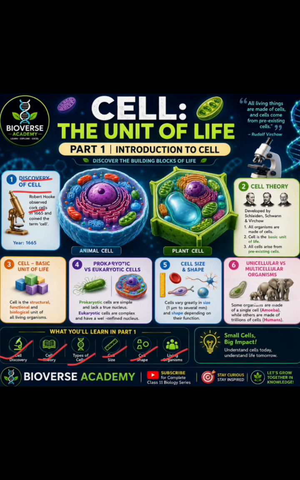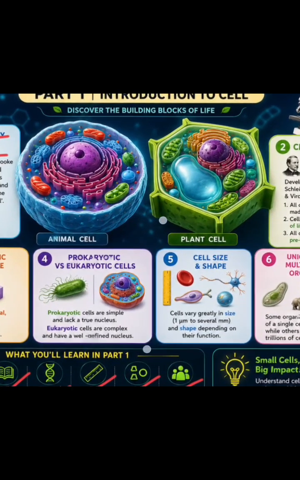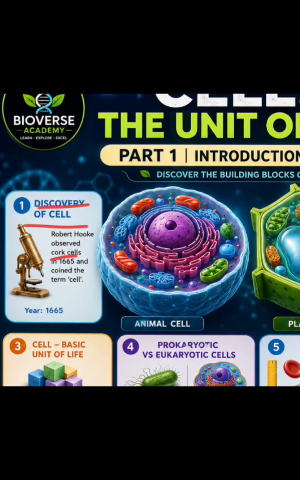With a very thin slice of cork under the microscope, Robert Hooke observed a structure like a honeycomb, meaning the house of honeybees. It is a hexagonal structure.